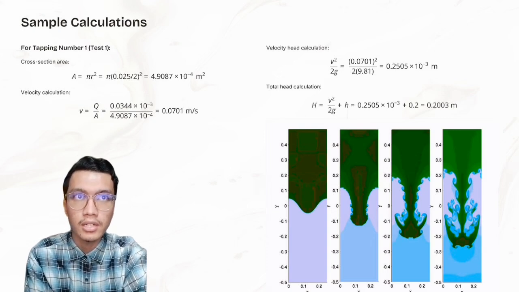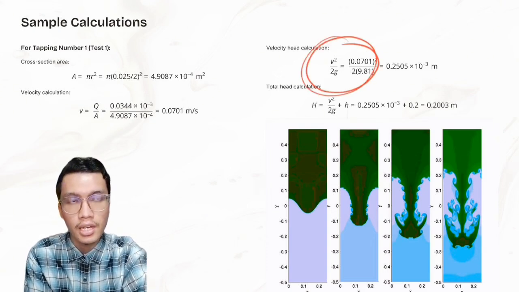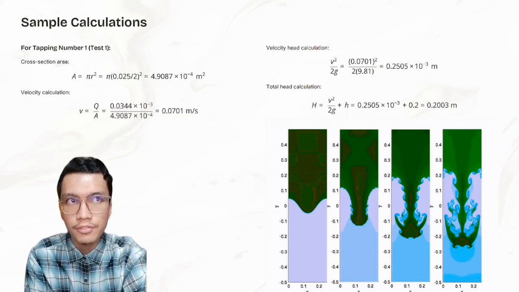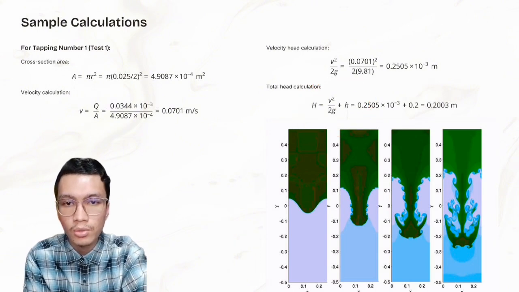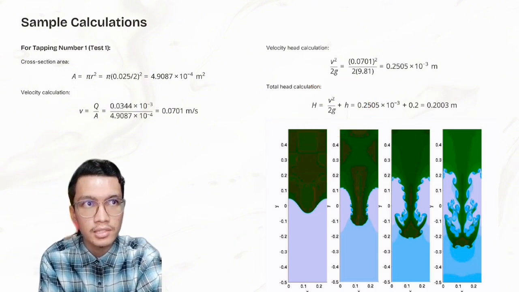For the velocity head calculation, we use the formula V squared over 2g, and the answer is 0.505 times 10 to the power of -3 meters. The total head is the velocity head plus the head of the manometer from the Bernoulli apparatus, and the answer is 0.2003 meters.